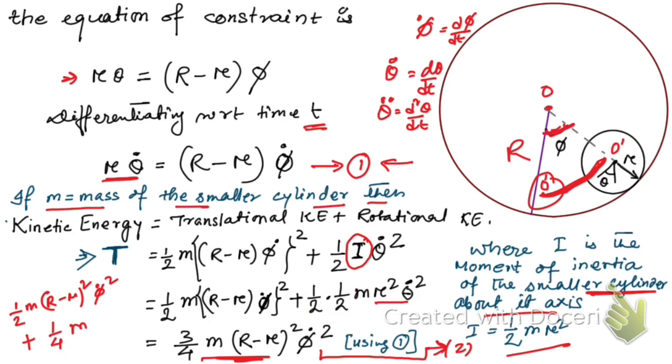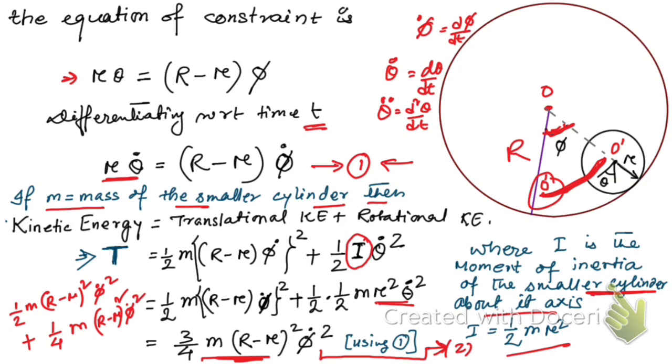Then we have m, this r square theta dot square is replaced by capital R minus small r into phi dot whole square, or you can write simply this way, this square into this square.